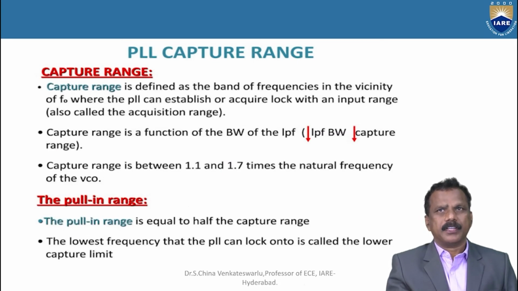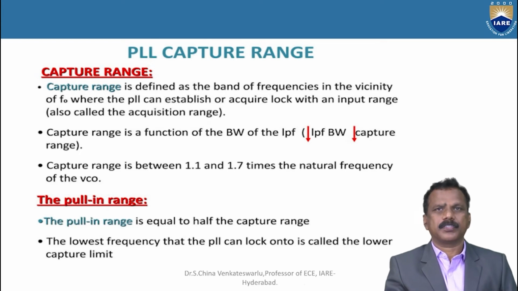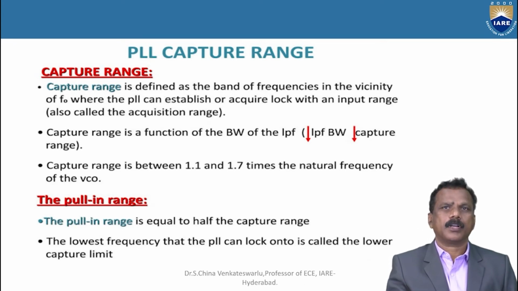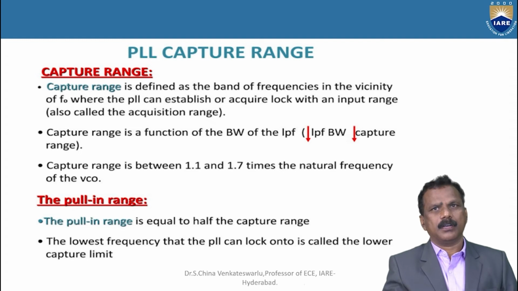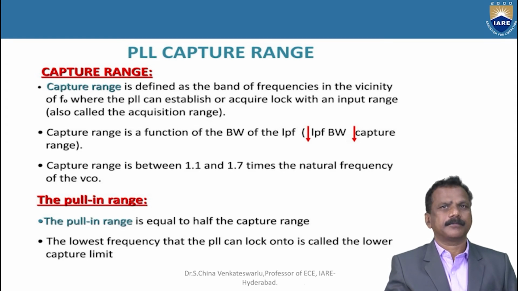Now the PLL capture range and the pull-in range. The capture range is defined as the band of frequencies in the vicinity of f0 where the PLL can establish or acquire lock with an input signal, also called the acquisition range.